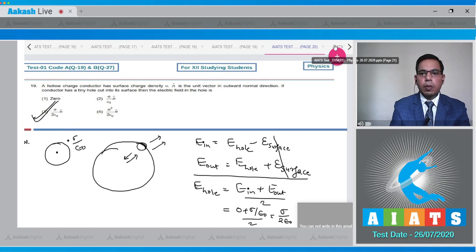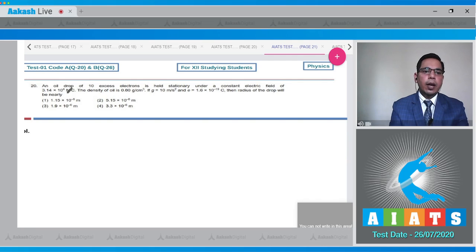Now move to question number 20, which states that an oil drop of 10 excess electrons is held stationary under a constant electric field of 3.4 into 10 to the power 4 newton per coulomb. The density of oil is 0.8 gram per centimeter cube. If g equal to 10 meter per second square and e equal to 1.6 into 10 to the power minus 19 coulomb, then the radius of the drop will be nearly. Now dear students, just consider a drop.